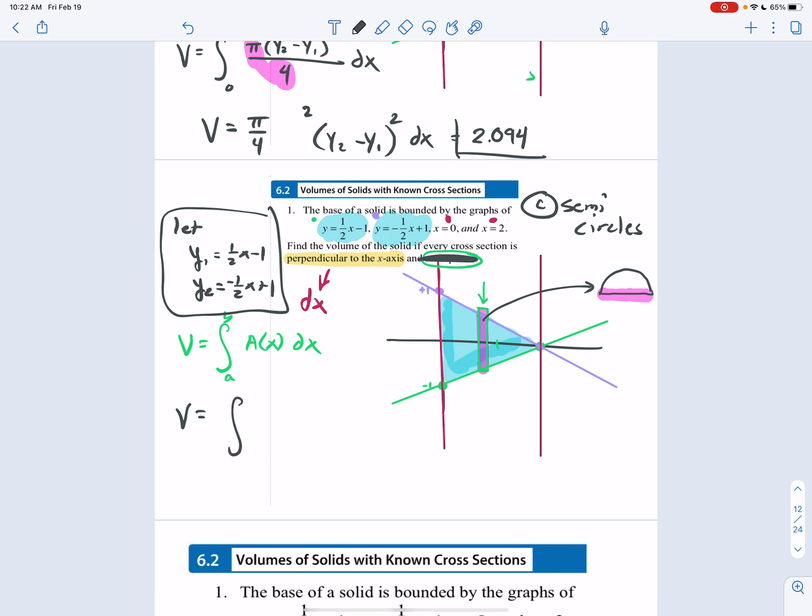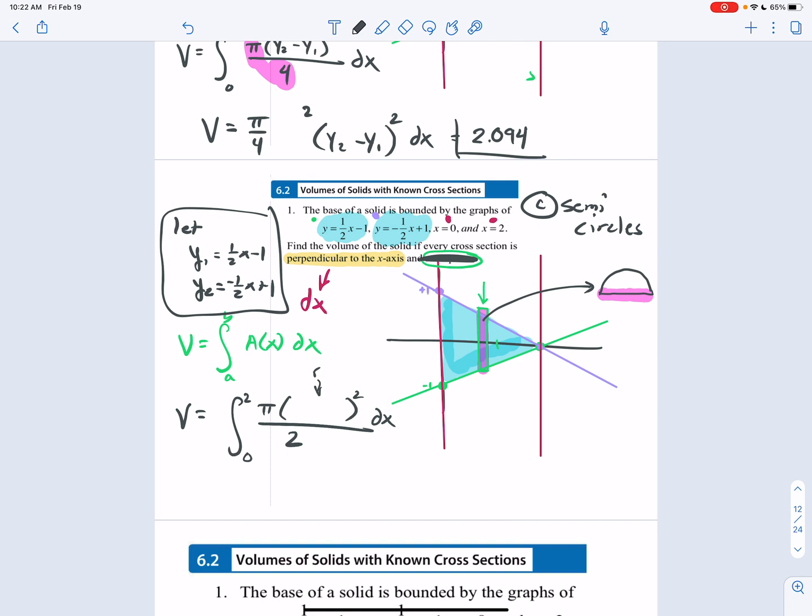So we know that this is the integral from 0 to 2 because the region still starts from 0 to 2. I know that this is dx. Since this is a semicircle, I know it's going to be pi something squared over 2. Okay? Now, what's supposed to go in here is the radius, pi r squared over 2.